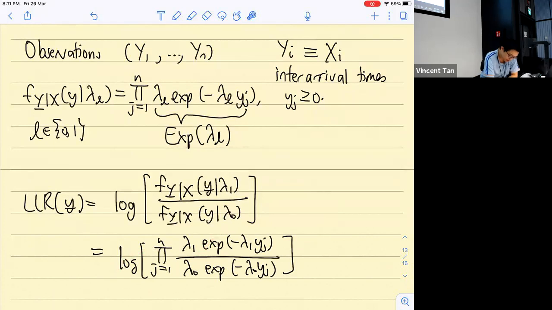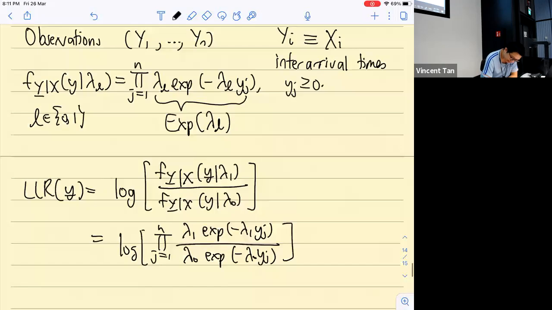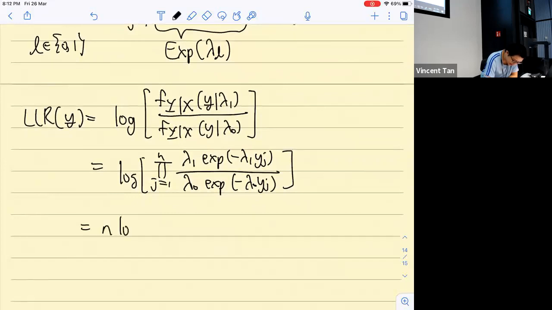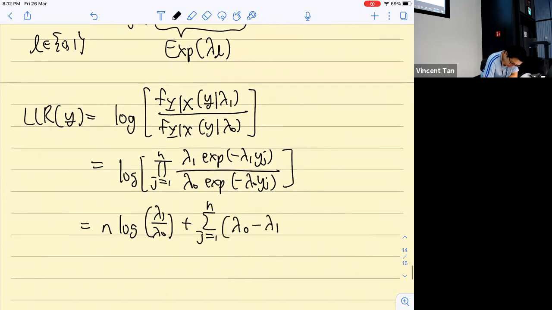After I've done enough algebra, this is equal to n log lambda 1 over lambda 0 plus the sum j running from 1 to n of lambda 0 minus lambda 1 of yj. This needs to be flipped because of the minus sign here.